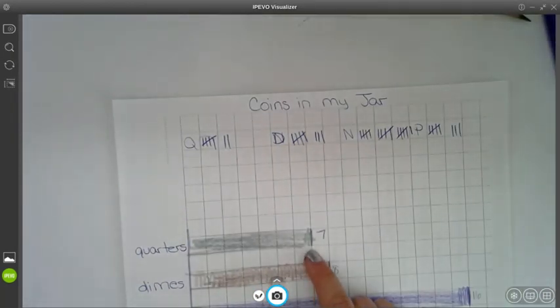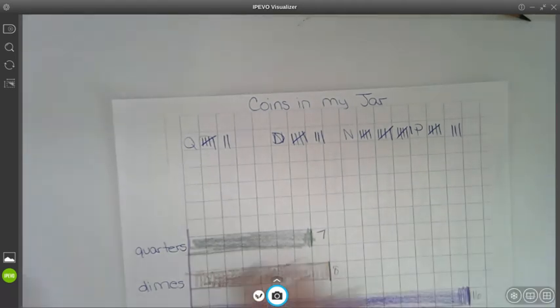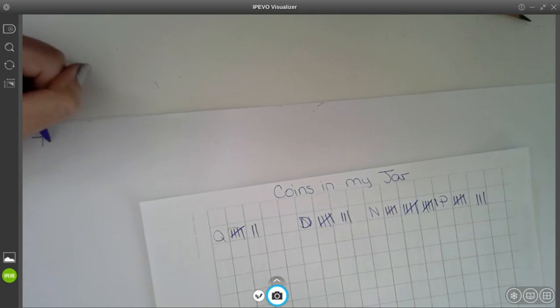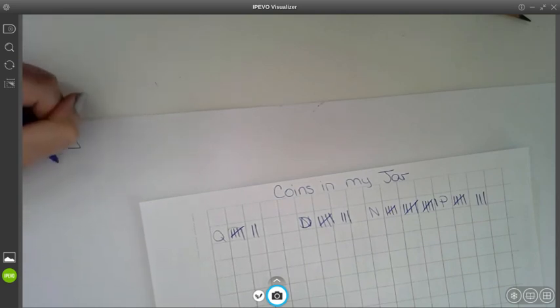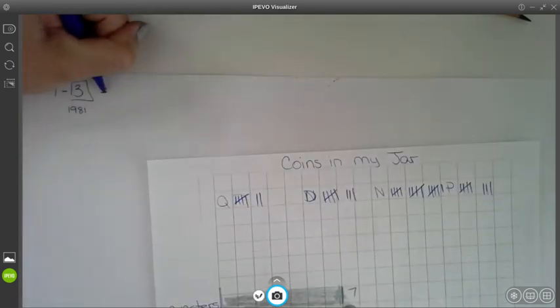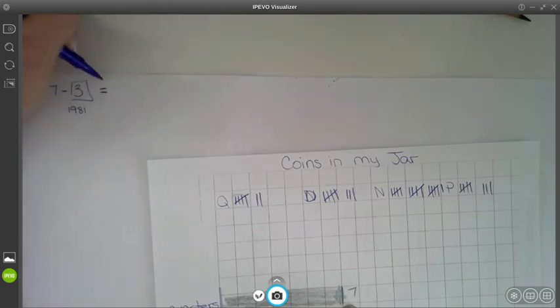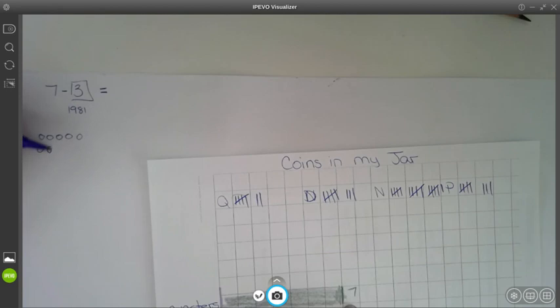Well, I know that I have 7 quarters. 3 of them are made in 1981. How many are made in other years? So I can solve that right here: 7, 1, 2, 3, 4, 5, 6, 7.